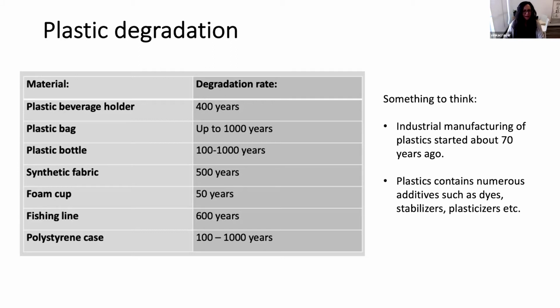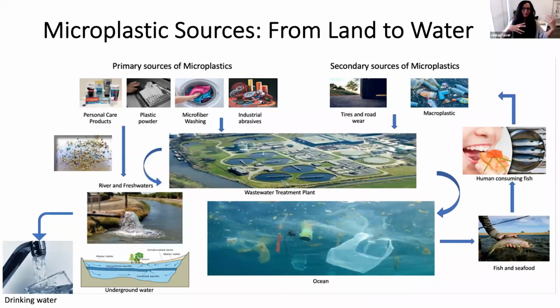Okay, so now let's come back to the wastewater systems. Primary sources and secondary sources of microplastics can enter wastewater treatment plants through different routes. In the central part, you see wastewater treatment plants.